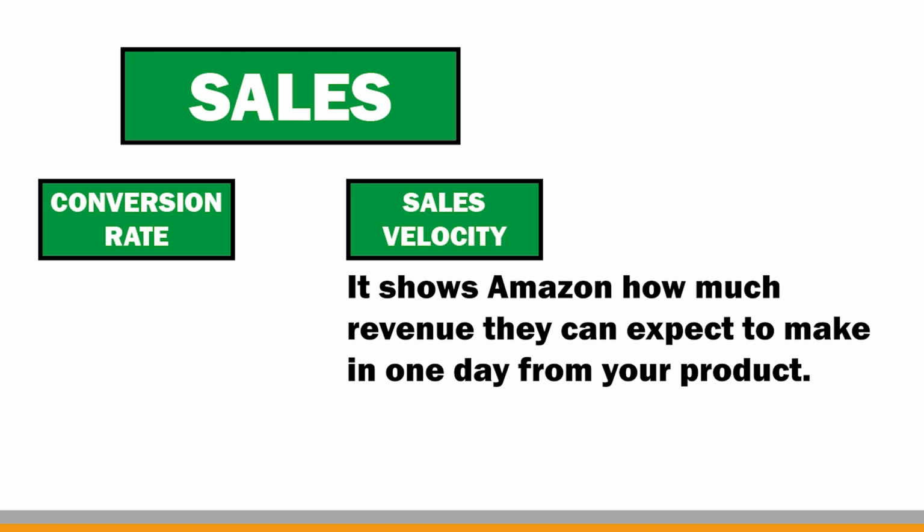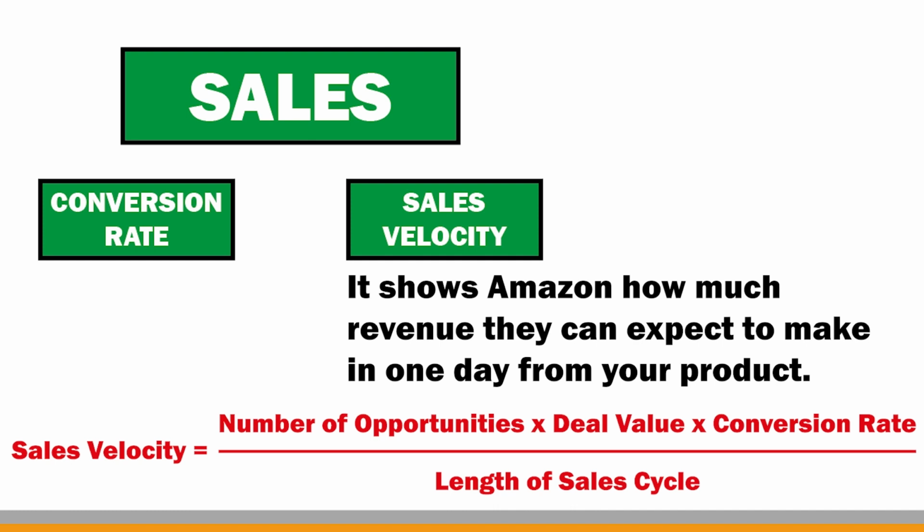So the calculation of sales velocity is like this. Sales velocity equals number of opportunities times deal value times conversion rate divided by length of sales cycle. In our case, number of opportunities is page views, and the deal value is selling price.